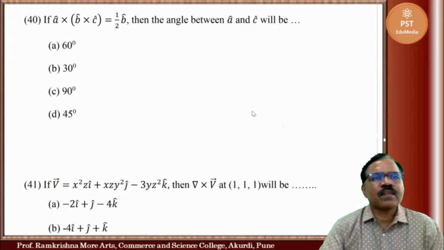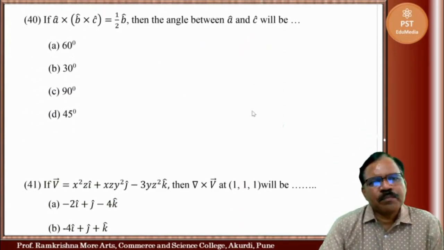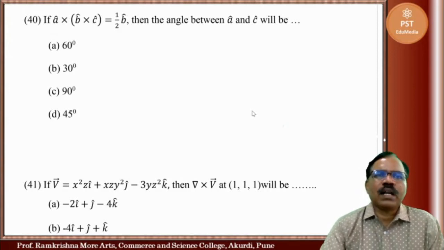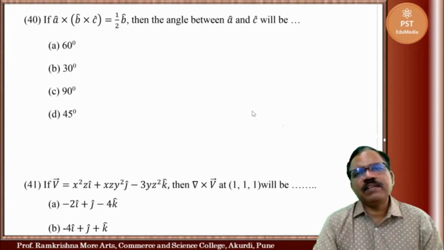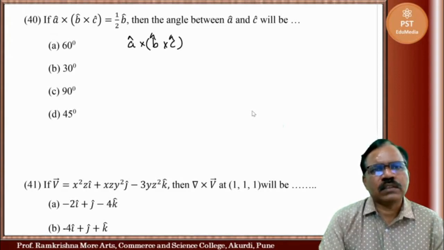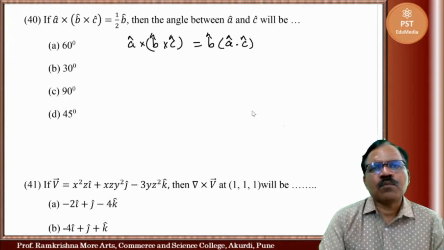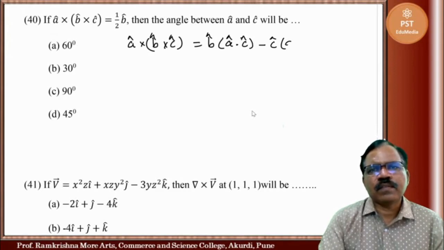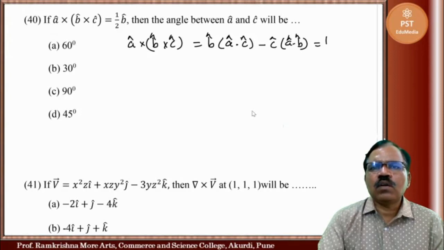Now next one. If a cross b cross c is equal to 1/2 b, then the angle between a and c will be. Now these are unit vectors, and we can write a cross b cross c as b times a dot c minus c times a dot b, and this is equal to 1/2 b.